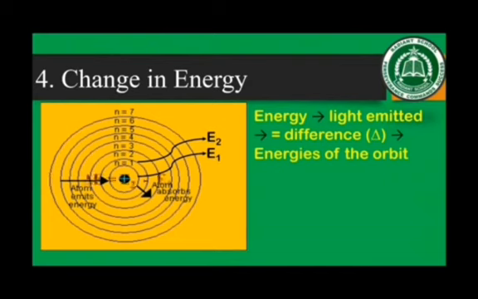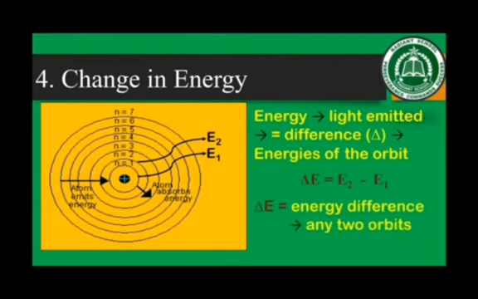We can calculate the change in energy by using the formula ΔE = E2 − E1, where ΔE is equal to the energy difference between any two orbits. These two orbits may be n1 and 2, may be n3 and 4, or n4 and 5, and so on.